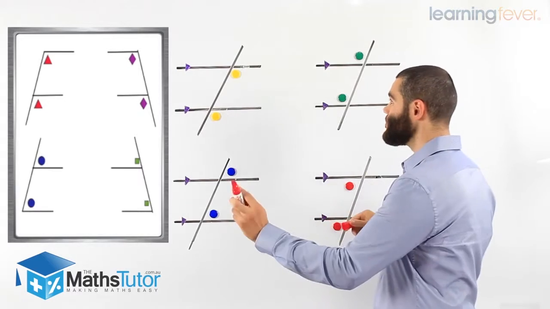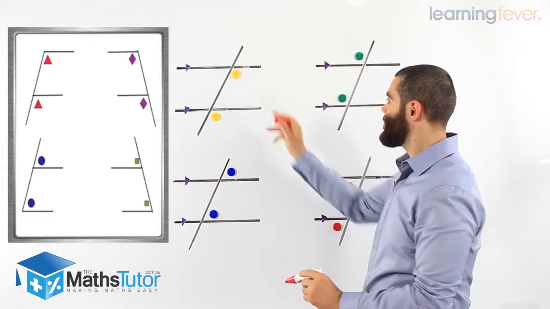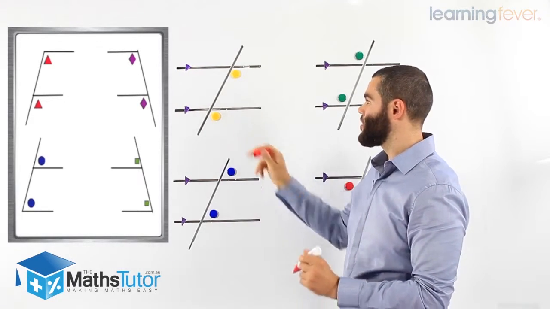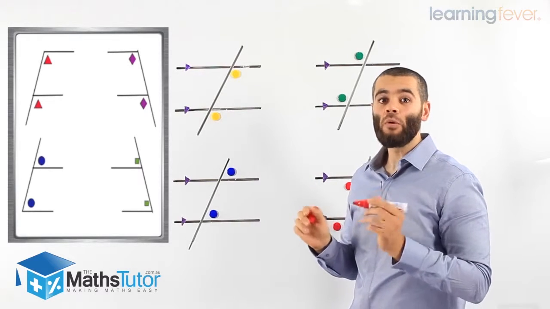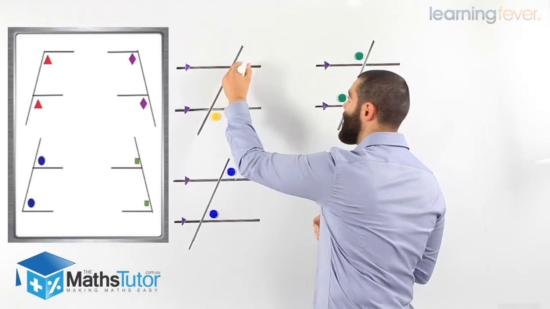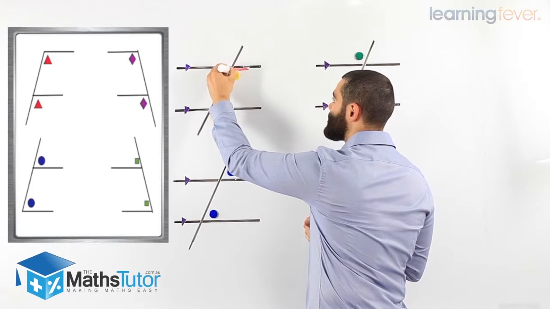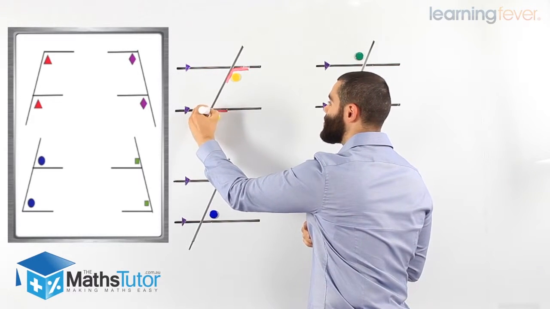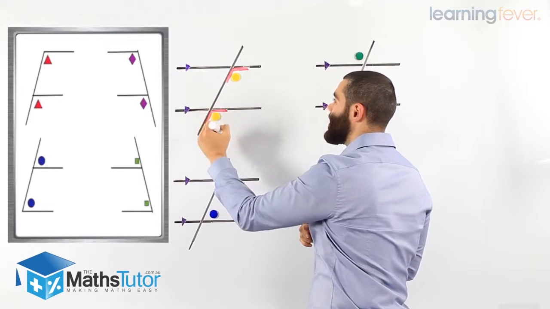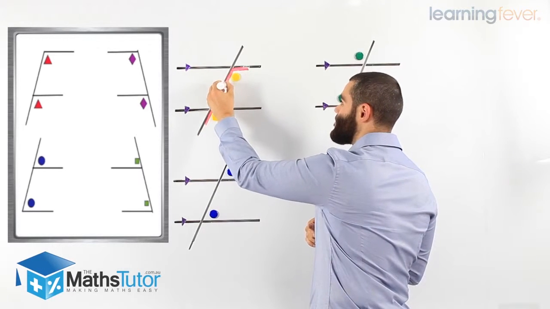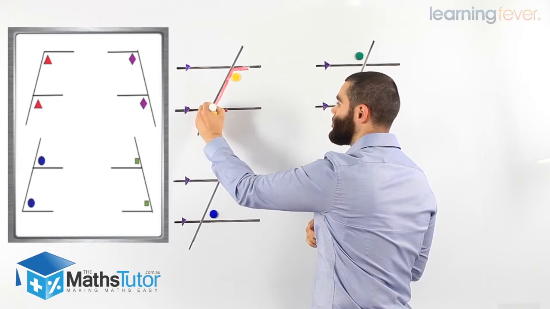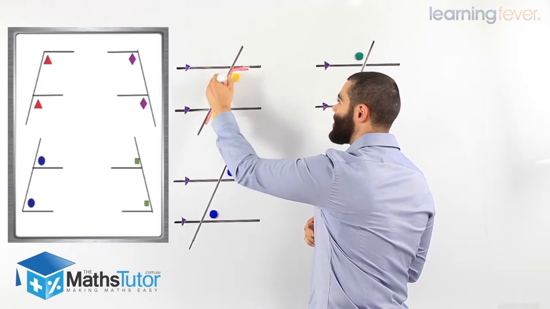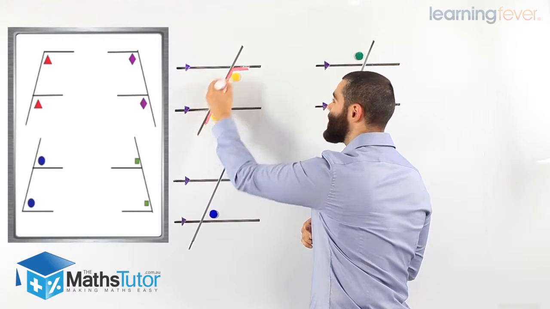Okay, here we have a pair of corresponding angles. How do we know they are corresponding? We look for an F shape. We highlight this angle, we highlight this angle, and we connect them together.